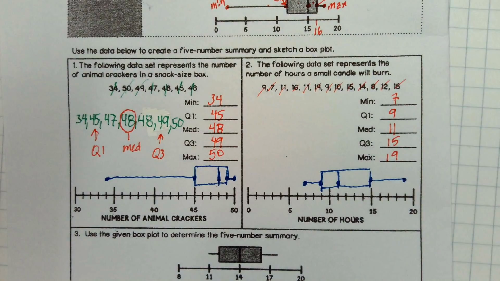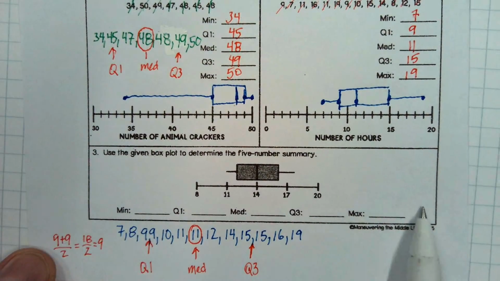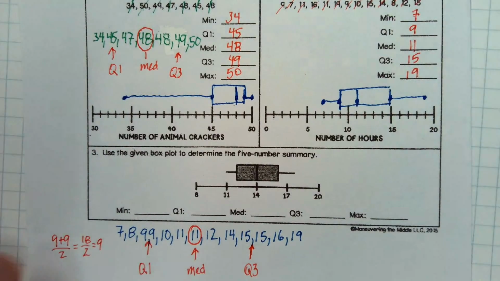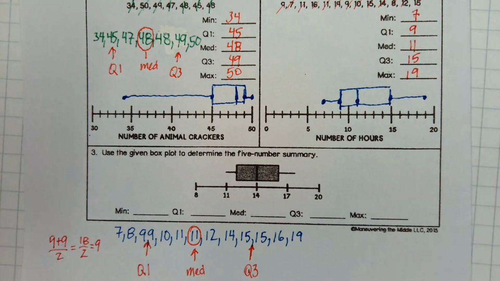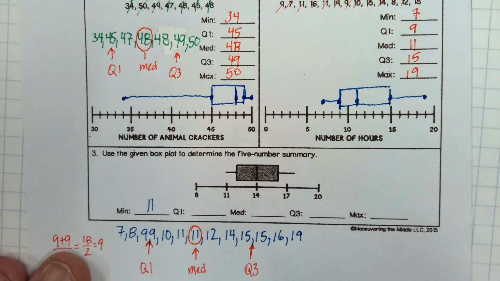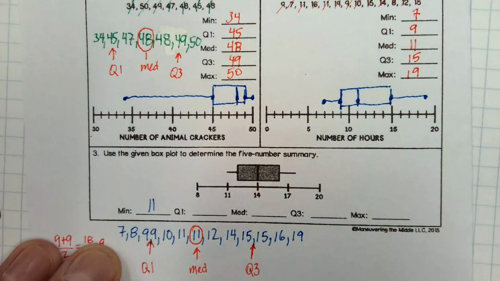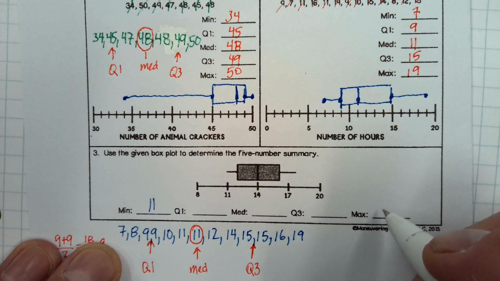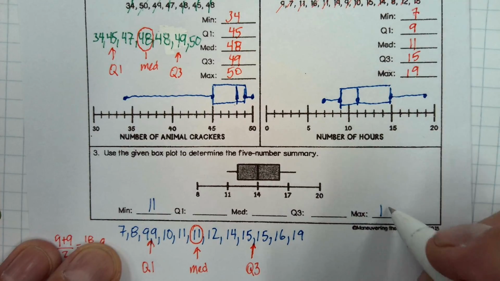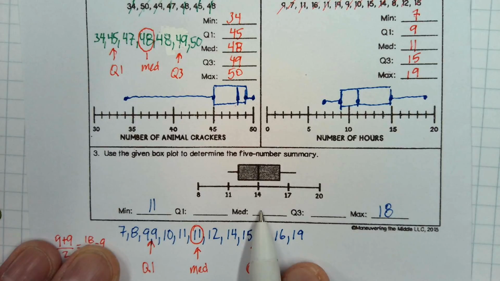Okay? All right. So here's what I want you to do next. Identify those important numbers here. Start with a minimum. What's our minimum? 11's our minimum. Let's find, what would you say the maximum is? About 18 is good. The median's easy to find.